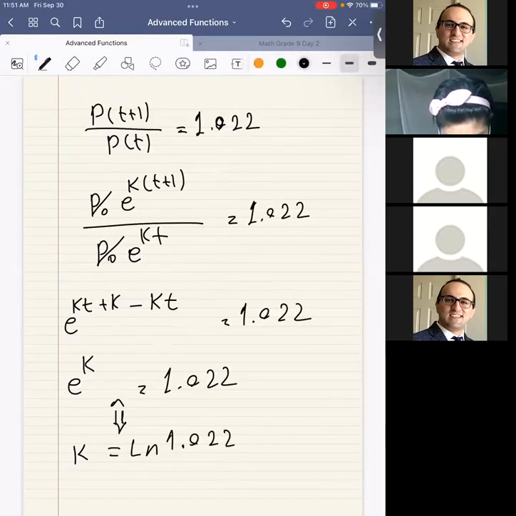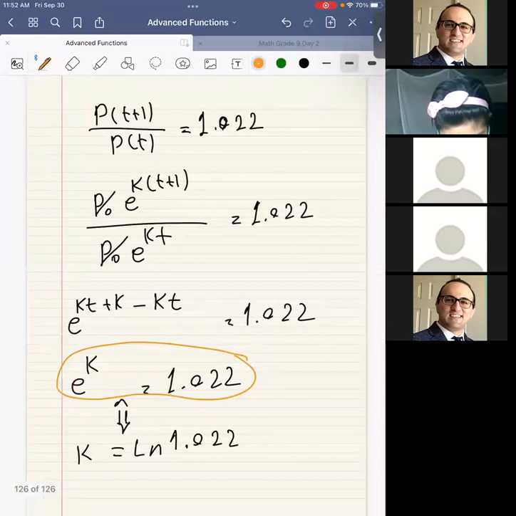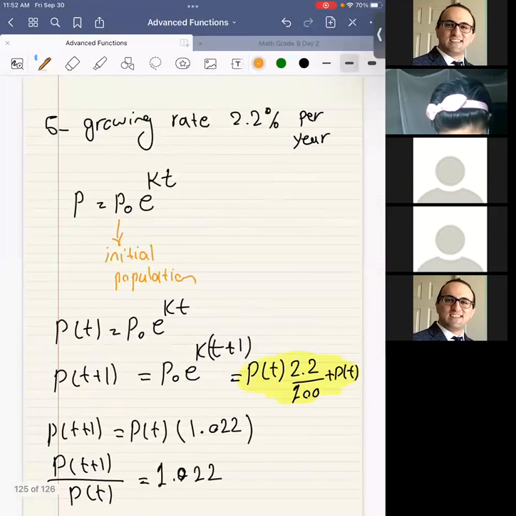But this equation is very helpful because I know that e to the power k is 1.022.